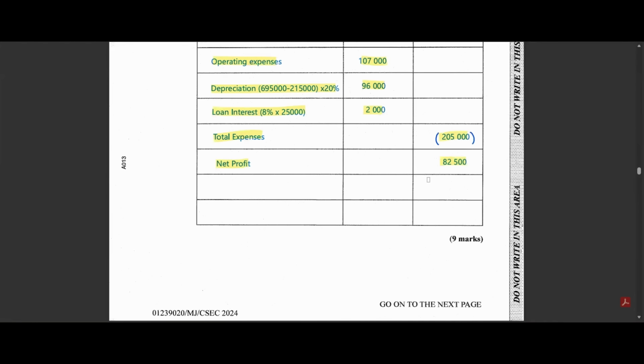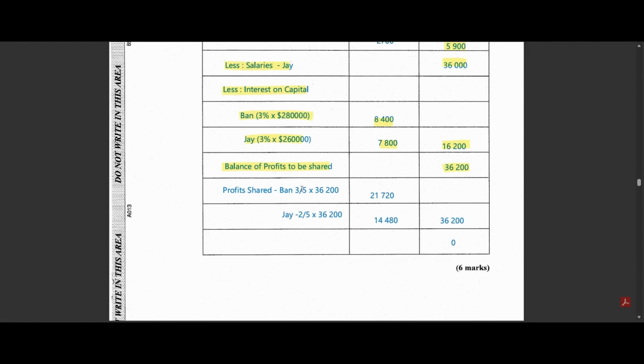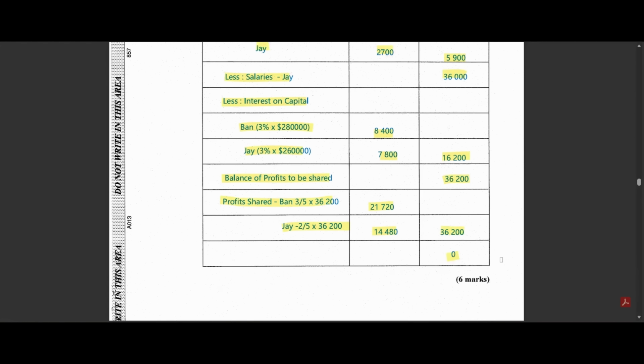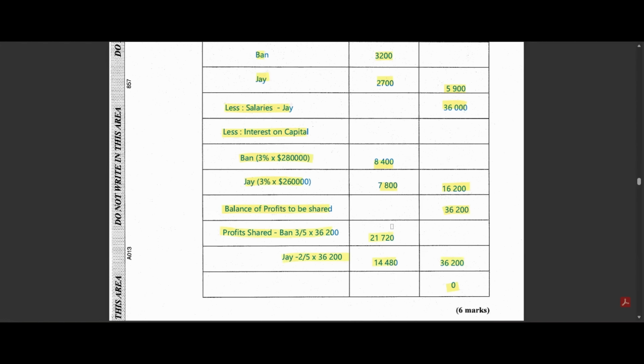Therefore, BAN will collect 3/5 of 36,200, and J will collect 2/5 of 36,200, giving us a value of 21,720 and 14,480 respectively. There we go, guys. Profit has been shared, so nothing remains. There we go. 6 marks.